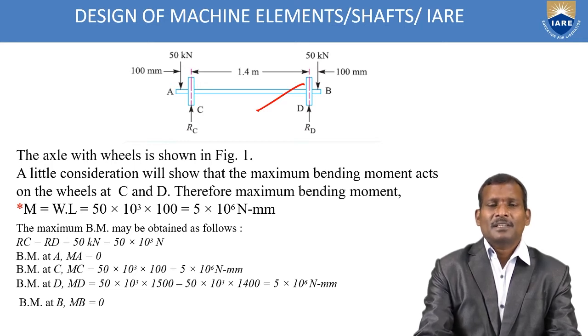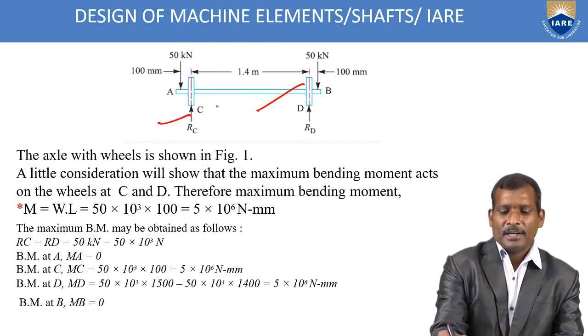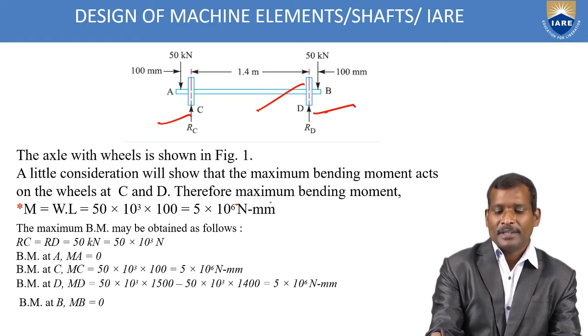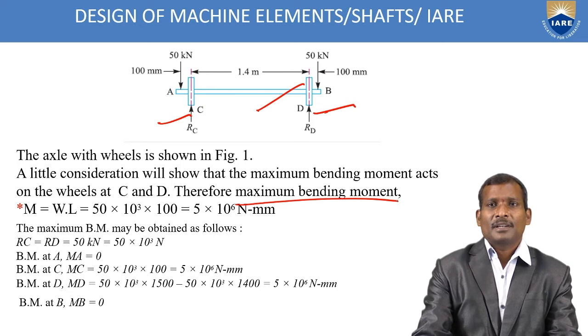A little consideration will show that the maximum bending moment acts on the wheels at C and D. Why? Because the reaction forces are acting on the wheels at C and D points. Therefore, you should calculate the maximum bending moment.